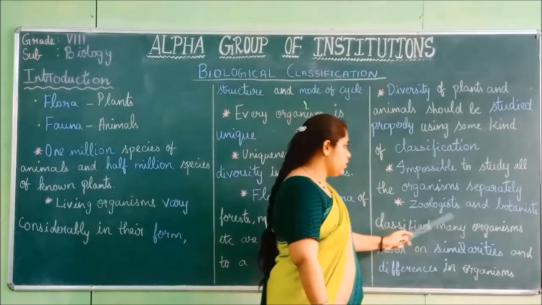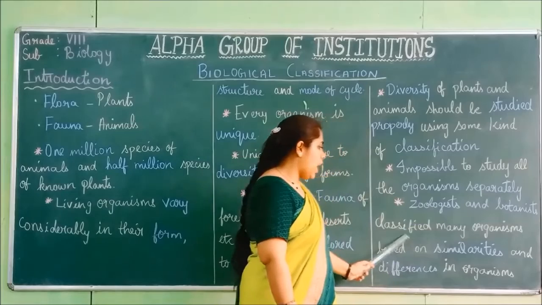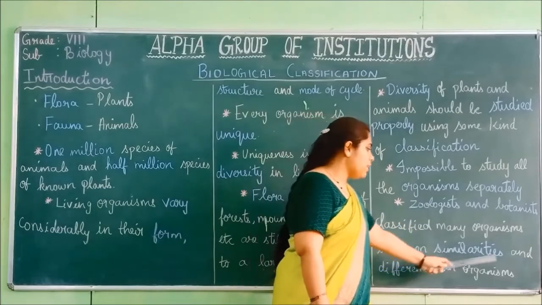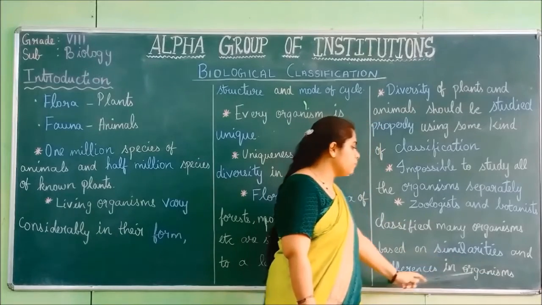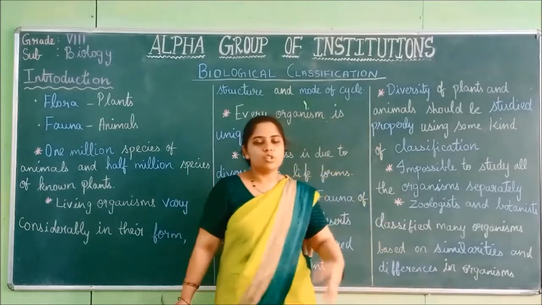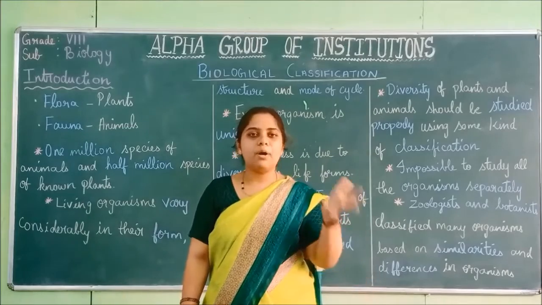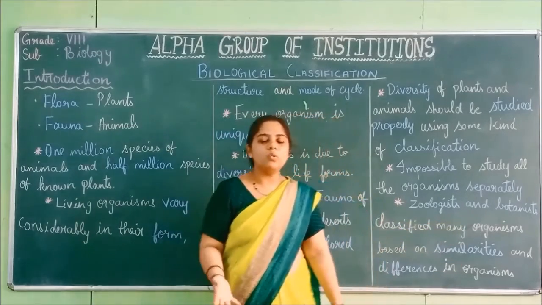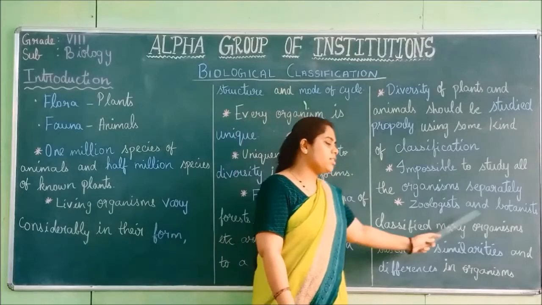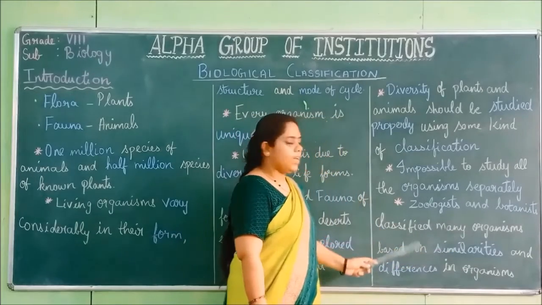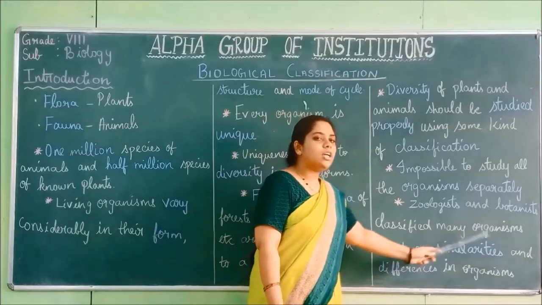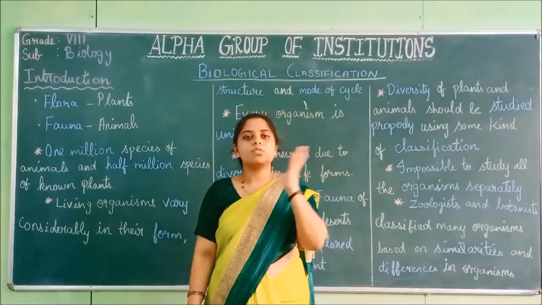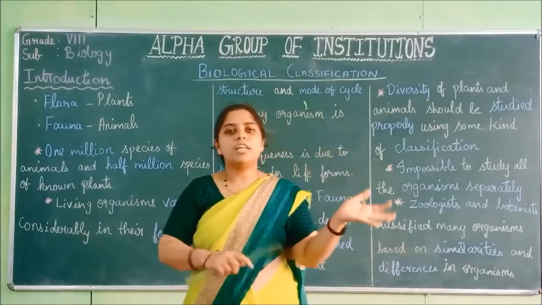And zoologists and botanists classify many organisms based on similarities and differences in organisms. Zoologists means those who study animals. Botanists means people who study plants. So zoologists and botanists classified many organisms based on similarities. The same organisms are put under one group.